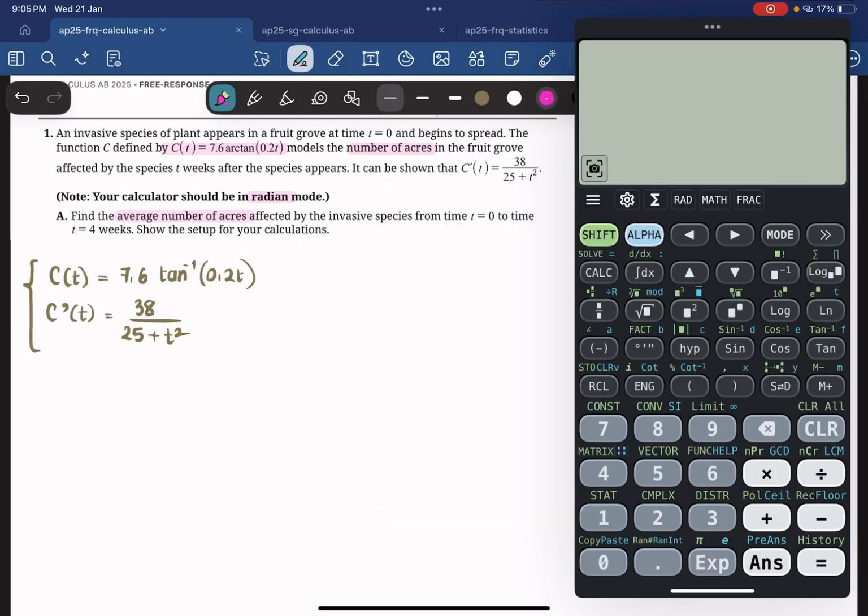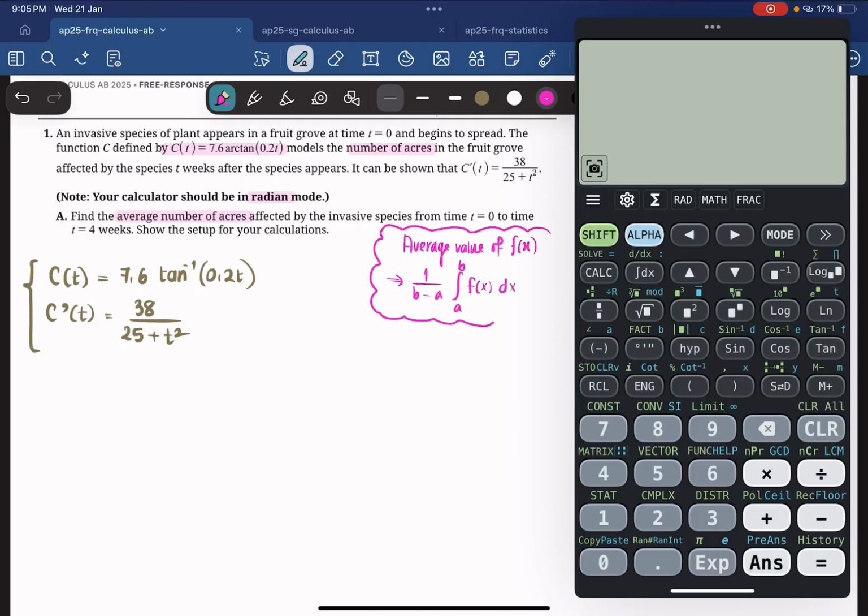What is the rule for the average value of a function? The average value of a function f of x is equal to 1 over b minus a, integral from a to b of f of x dx. That's the rule that we're going to use in this question.